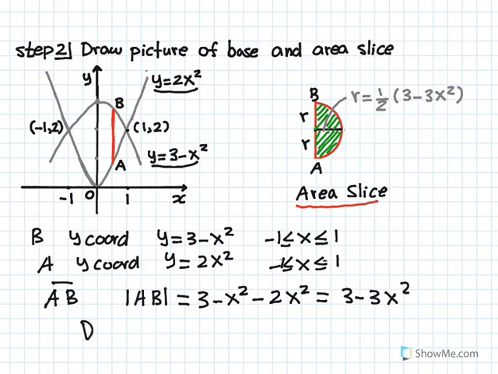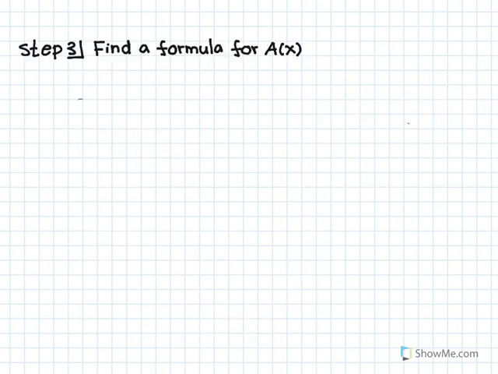This is the diameter of the semicircular slice. Now, diameter is twice the radius, so the radius is half of the diameter, and that gives us the radius of the semicircular slice as 1/2 of 3 minus 3x squared.